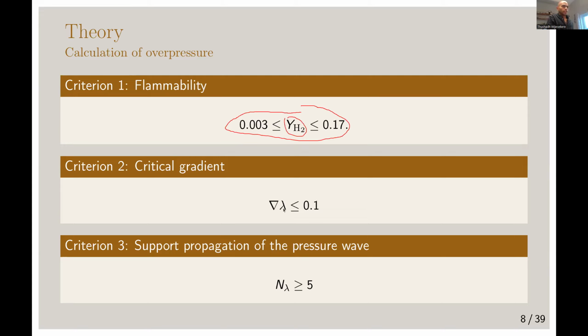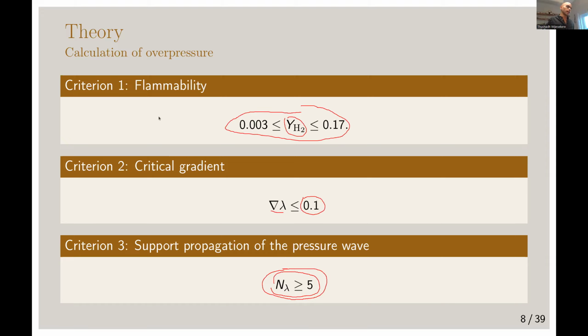Also, the gradient of the detonation cell size should be below a critical value. Here I have chosen 0.1. And then, depending on the geometrical features of the jet, the region has to contain at least 5 detonation cells to support detonation.